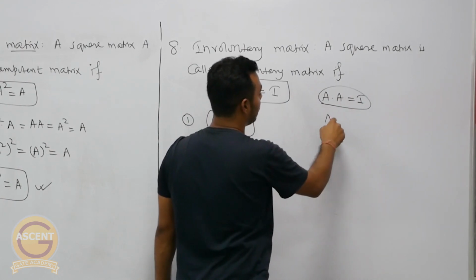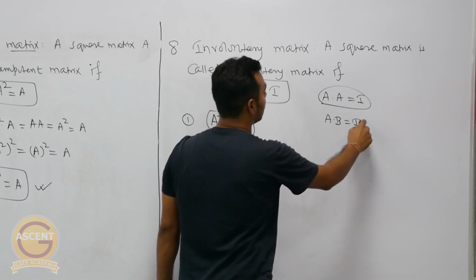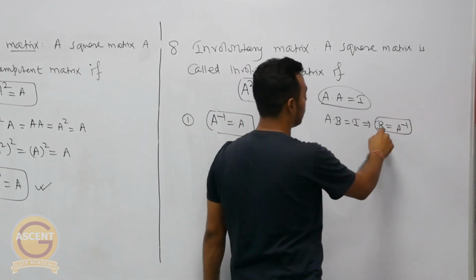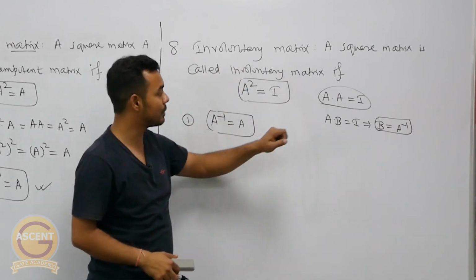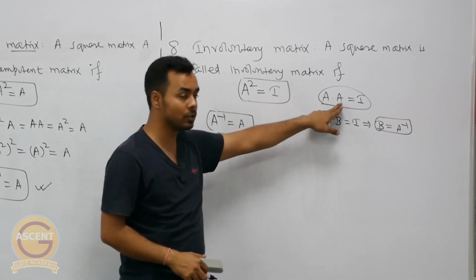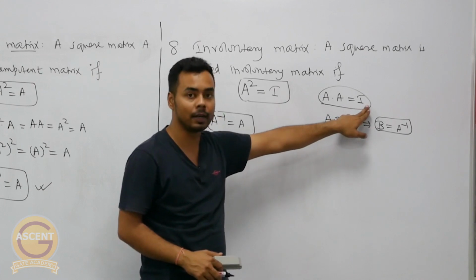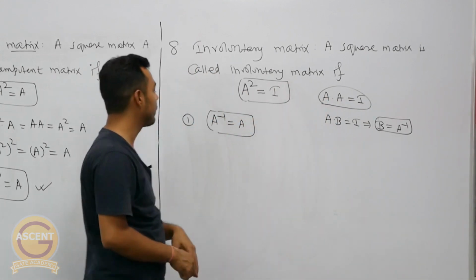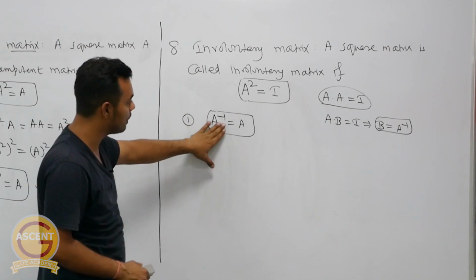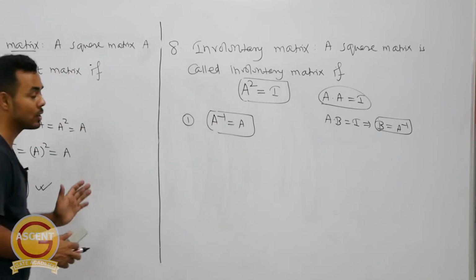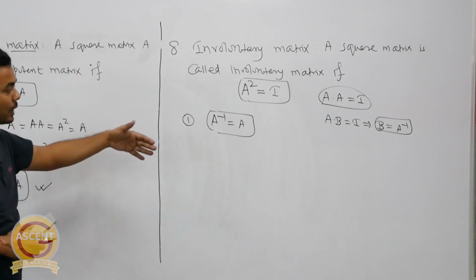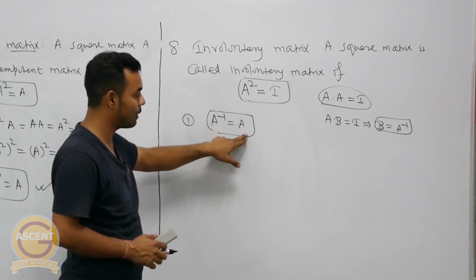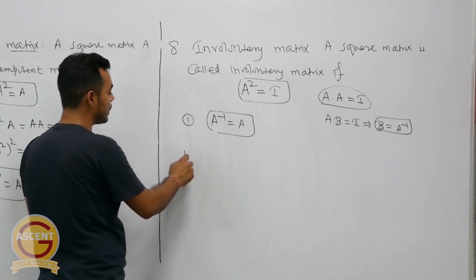We have seen that if A into B is identity, this implies B is the inverse of A. Here the product of the two matrices is the identity matrix, so the second matrix is the inverse of the first. So in case of involutory, the inverse of the matrix is the same matrix. In case of an orthogonal matrix, the inverse is the transpose of the matrix. In case of an involutory matrix, the inverse is the matrix A itself. So this is the first property.